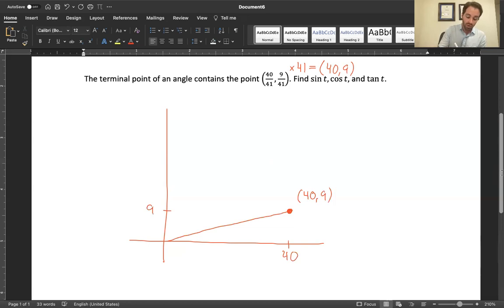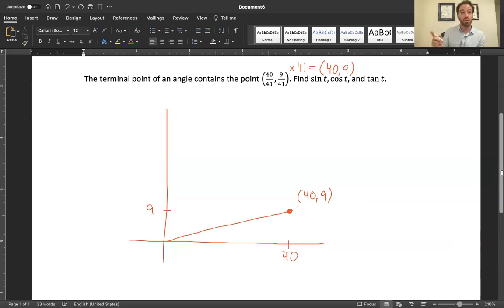If you know anything about trigonometry, which hopefully you do, you know that it doesn't matter whether you do the trig function at that point or that point or that point or that point, because they're all similar right triangles. So I can actually take these inconvenient numbers and turn them into ones that are easier to deal with.